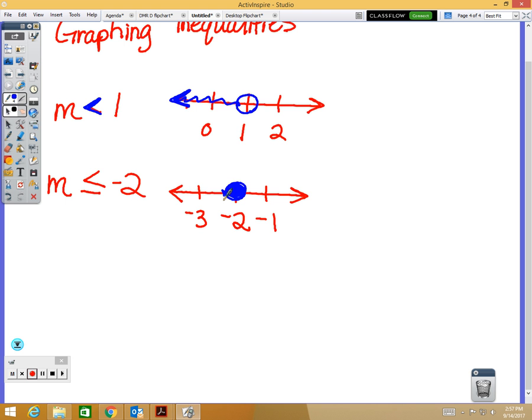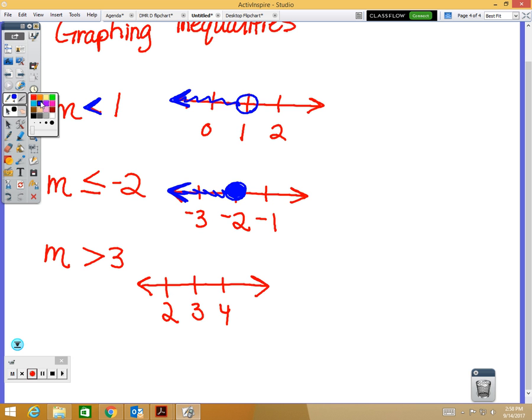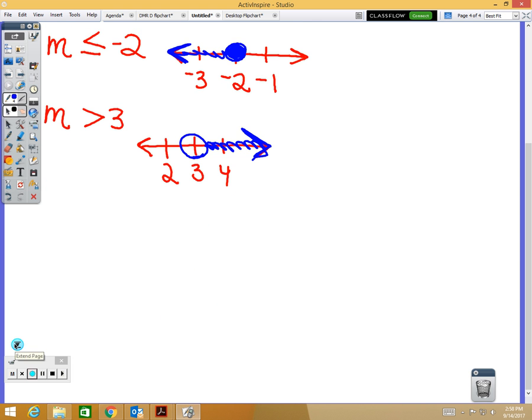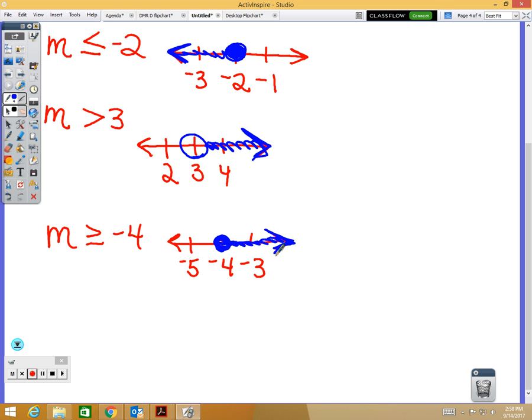But again, shading this way. So there's the other two examples, okay? I know you know what they are, but I wanted to show you.